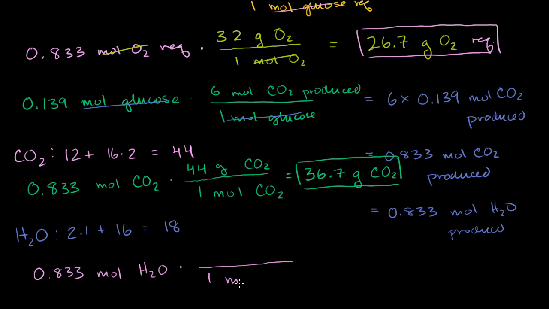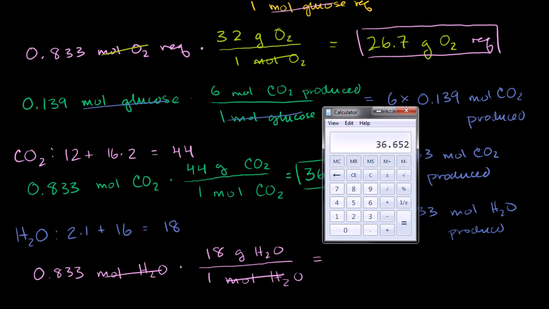So 1 mole of H2O. Once again, we want this in the denominator, so it cancels out with this in the numerator. 1 mole of H2O has a mass of 18 grams, or 18 grams of H2O for every mole of H2O. So this cancels with that.